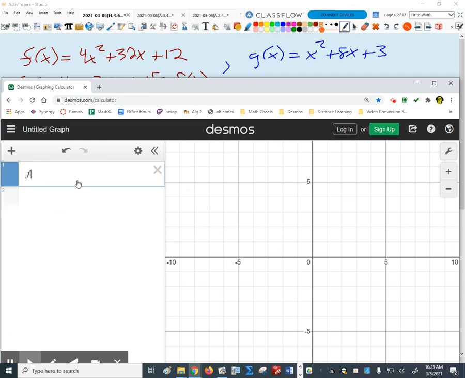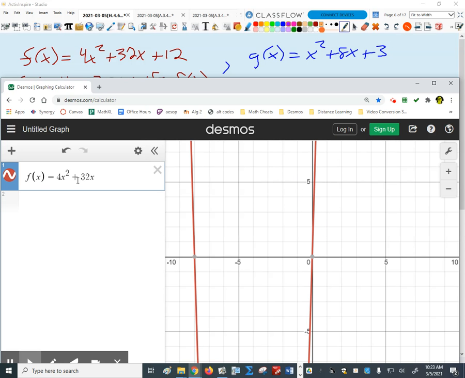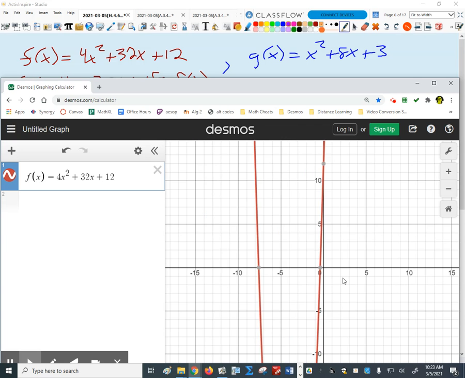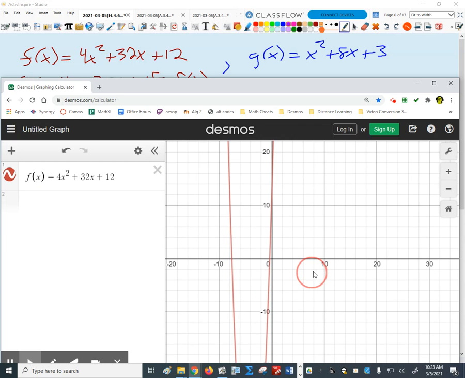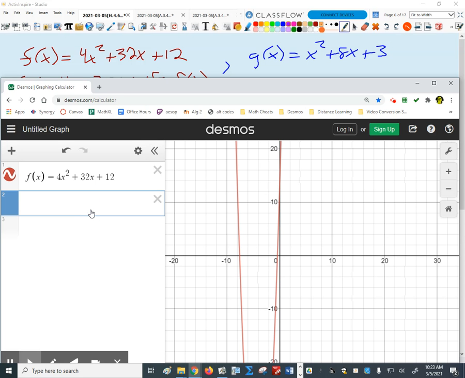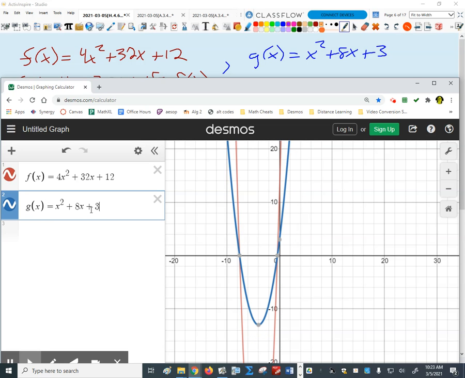Okay, let's graph the function f of x equals 4x squared plus 32x plus 12. And how about if we shrink that down just a little bit? And then let's add the function g of x equals x squared plus 8x plus 3.